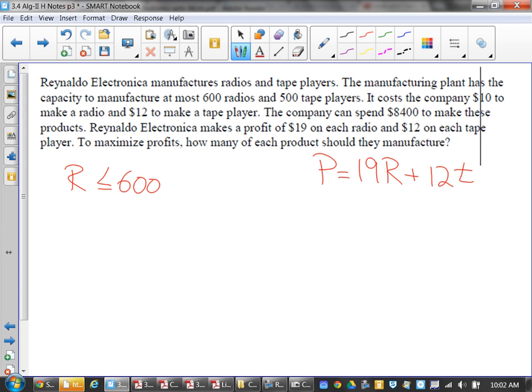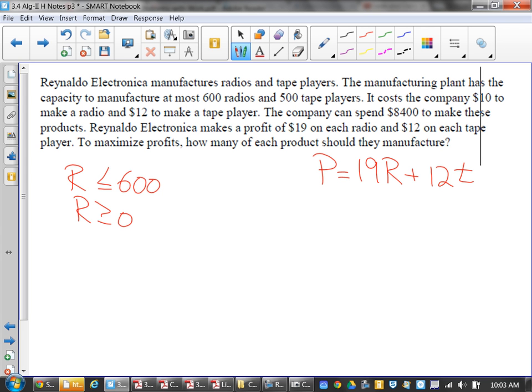Can they make negative radios? No. Can they make 0 radios? Yes. So is there a lower boundary here? Greater than or equal to 0. If you want to do a compound inequality, perfect. If you want to do it that way or list them separately, it's no big deal.